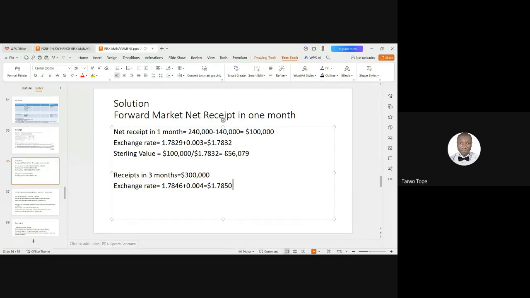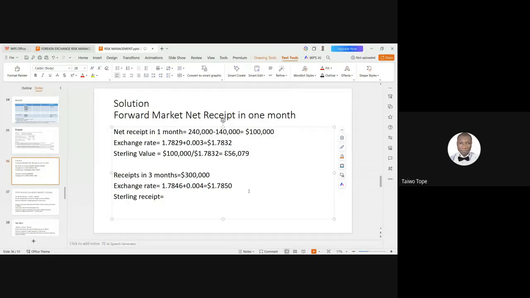So now the next thing will be what here? Since we have the exchange rates, what will be your sterling receipt? $300,000 divided by 1.785.